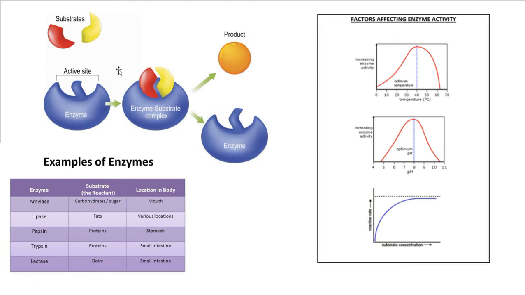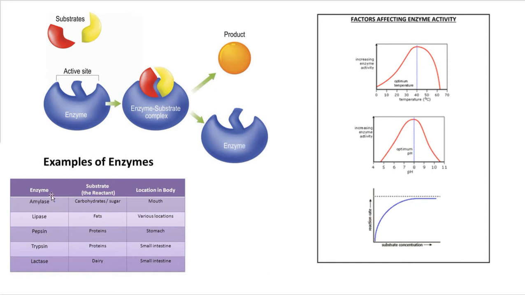Enzymes are catalysts that speed up the reaction. An enzyme is made of an active site where the substrates are bound, and when the substrates bind in here, a weak bond that joins them together is broken down and produces the products, and besides that the enzyme is ready to be used once again.